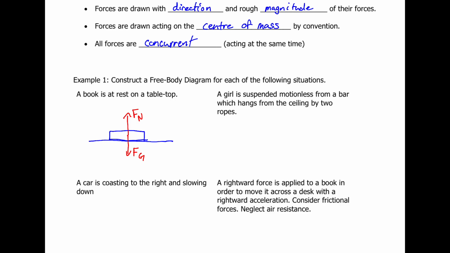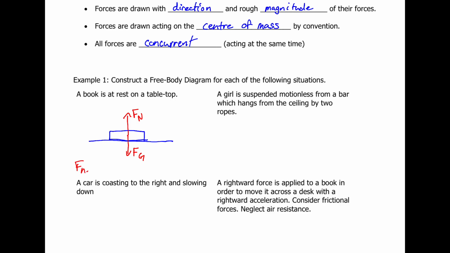And I'm trying to get my normal force the same size as my gravity force, because in this situation, gravity force is equal to normal force. Why is gravity equal to normal force? Because it's not accelerating. I want to say that carefully. It's not moving, true, but it's also not accelerating. That's the key word.